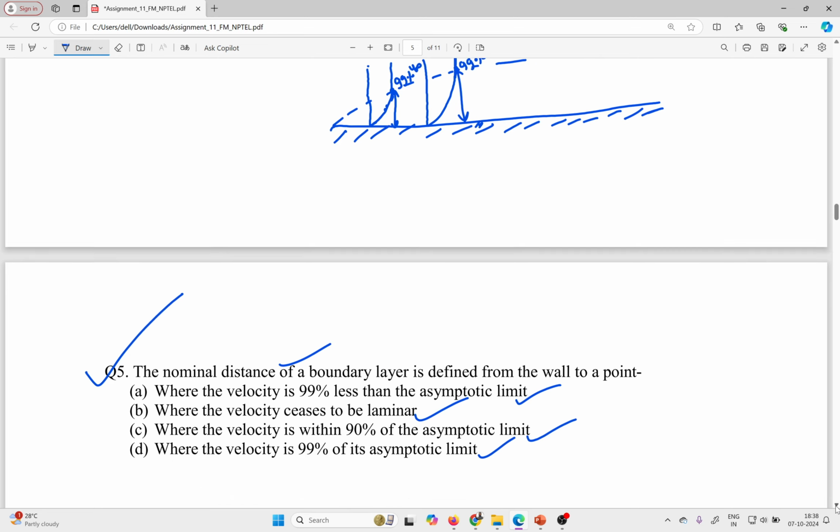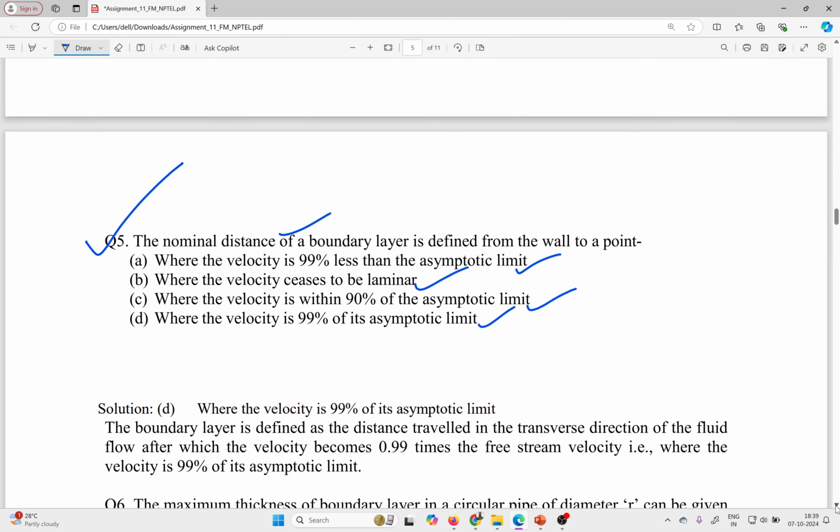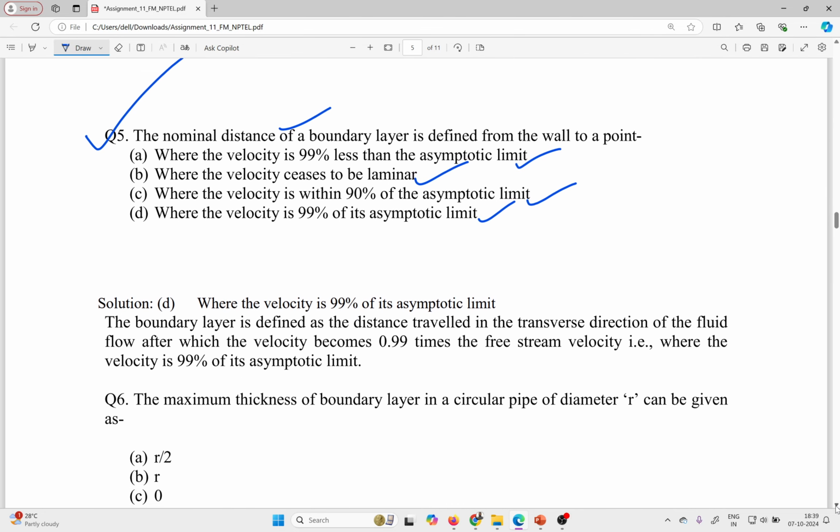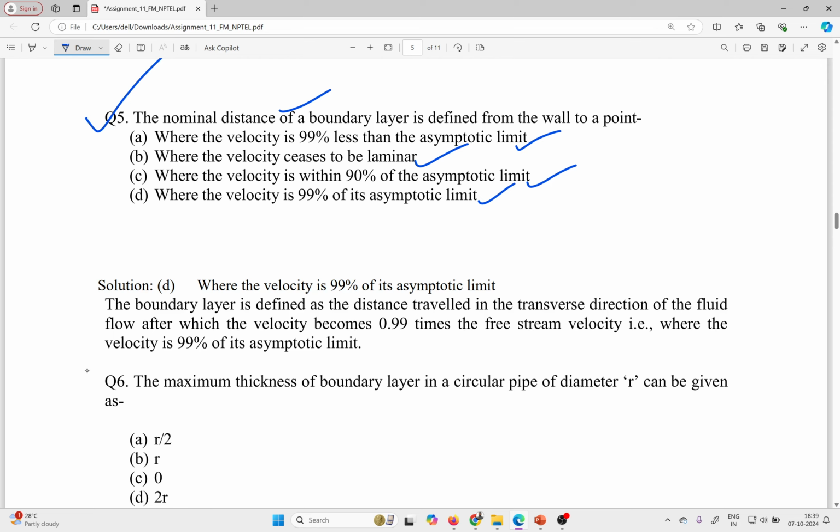Now we'll move on to question number 6. The maximum thickness of boundary layer in a circular pipe of radius r can be given as r by 2, r, 0, or 2r.